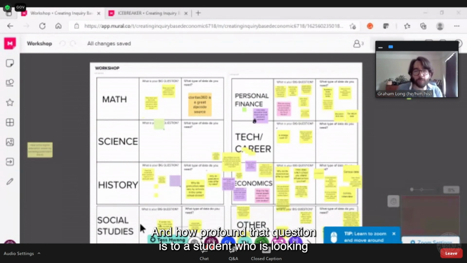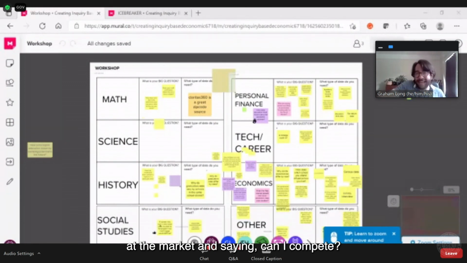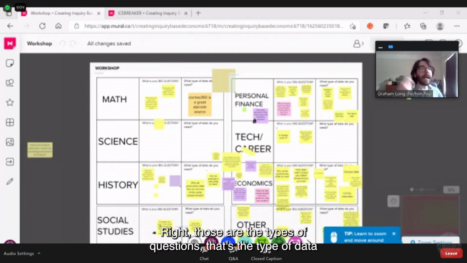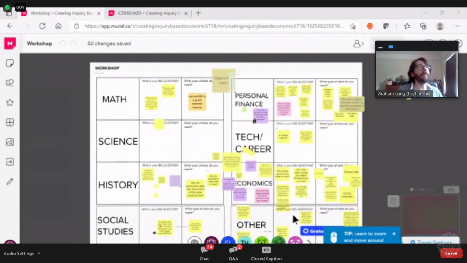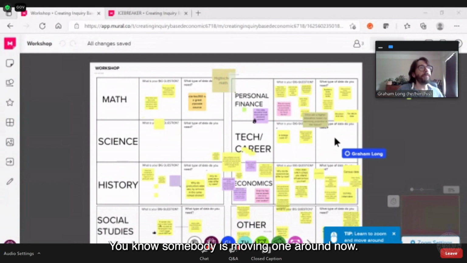How profound that question is to a student who is looking at the market and saying, can I compete? Those are the types of questions, that's the type of data you want students to be analyzing.